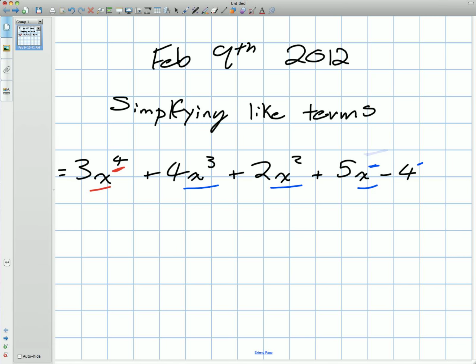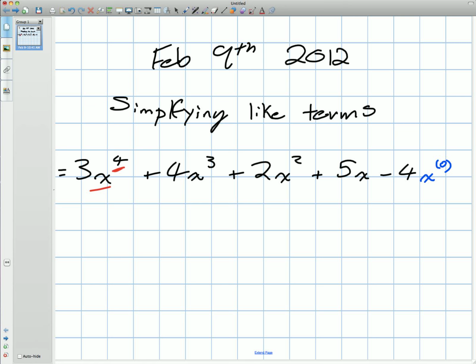So I have x to the power of 4, the only one of its kind. x to the power of 3, only one of its kind. x to the power of 2, only one of its kind. What power is this x to? 1. Okay? Now, constant number. Sometimes people decide to put constant numbers together with variables, so think of it like this: our constant number, we could say it's to the variable exponent 0.